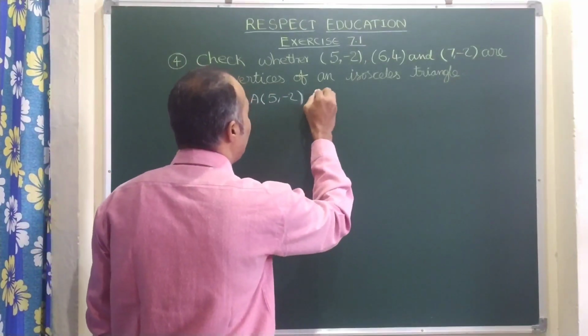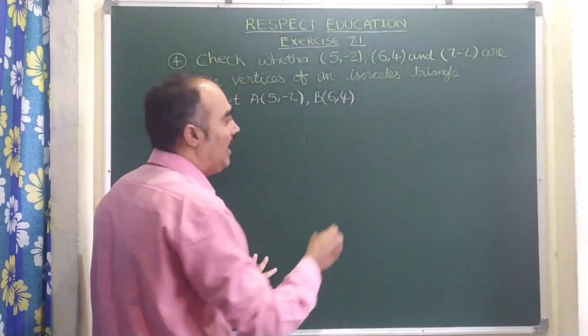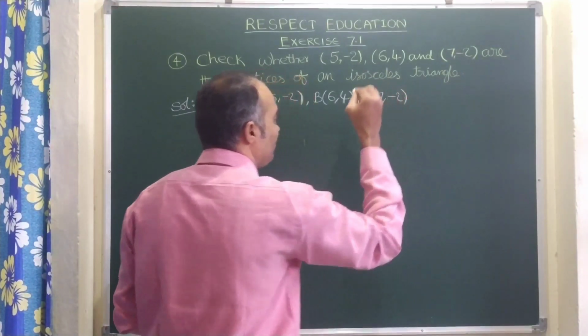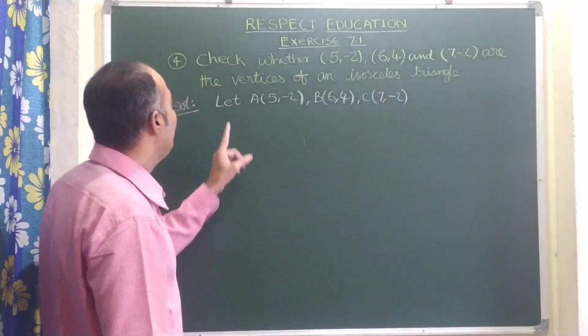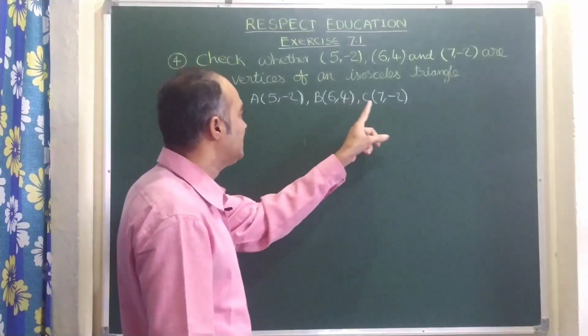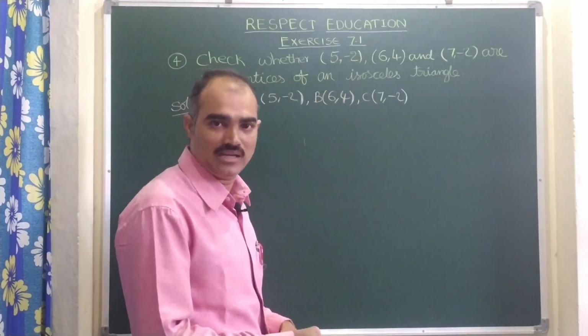The second point is B, 6 comma 4. And the third point is C, 7 comma minus 2. Now we have to check whether these 3 points A, B, C are the vertices of an isosceles triangle or not.